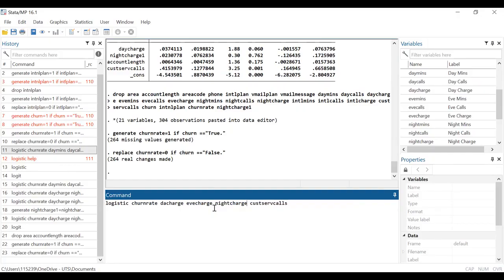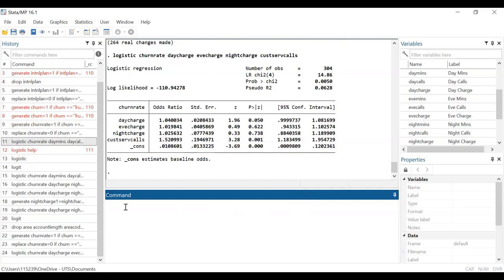We can predict that in general, if the prices are high, customers are going to churn. But what we don't know is which of these prices is going to affect churn the most. So let's see whether it is the day prices, evening prices, or night prices. I'm going to run this model.